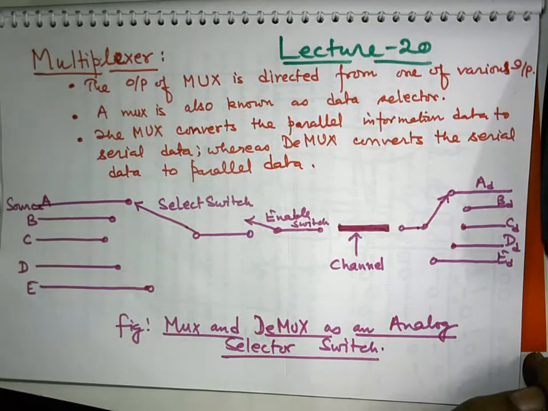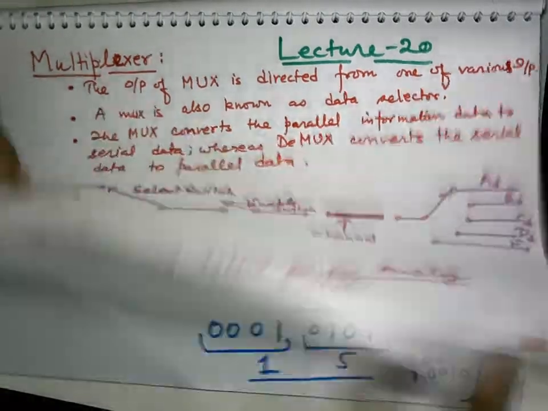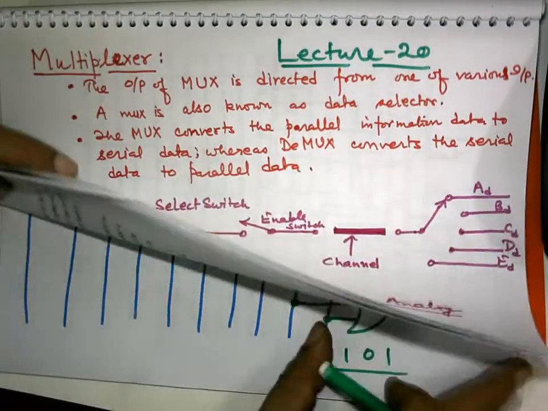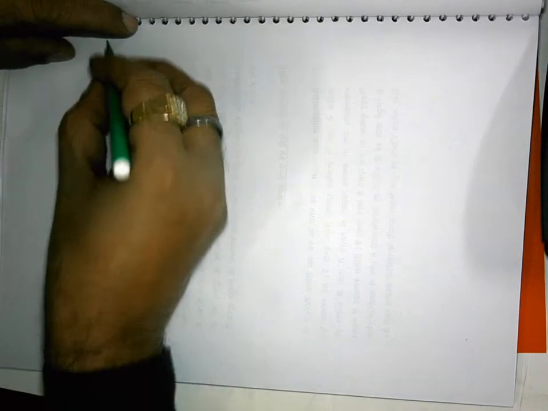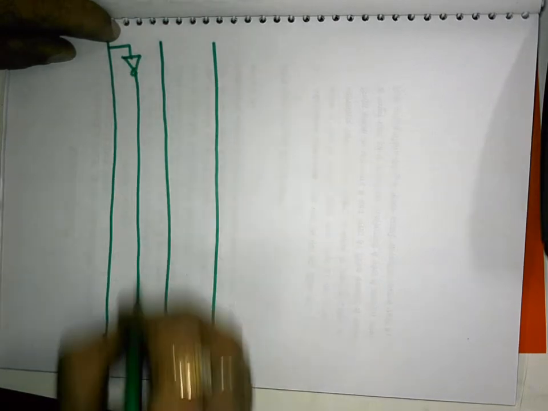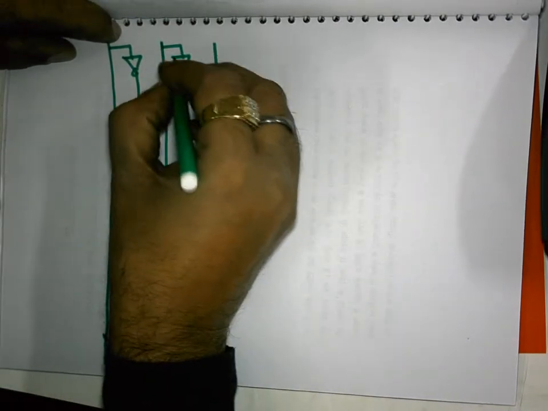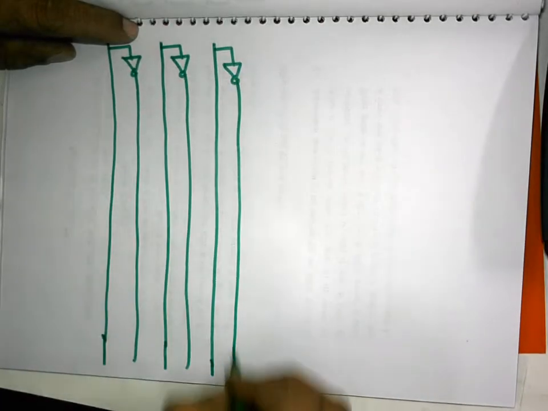Before going into the definition of multiplexer, let us look at the circuitry of the 3 to 8 decoder once again. If you recall the circuit of the 3 to 8 decoder, some modification is needed in that circuit, and some more logic blocks have to be added.